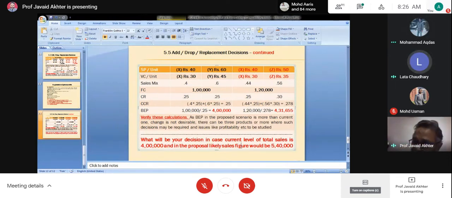Variable cost is not always the same. Say, yes, please. One of you. Variable cost in real life will not remain the same. What will happen to variable cost? It will keep on changing. Changing means increasing or decreasing?